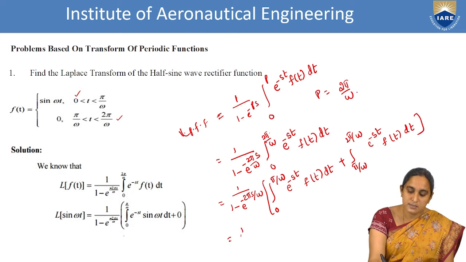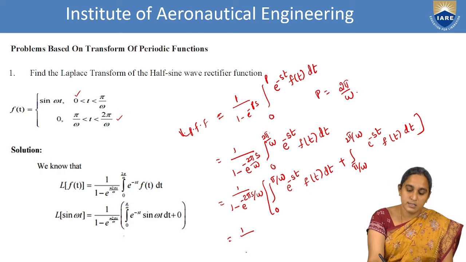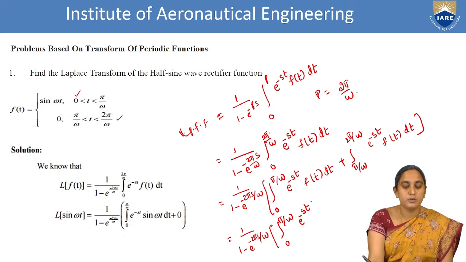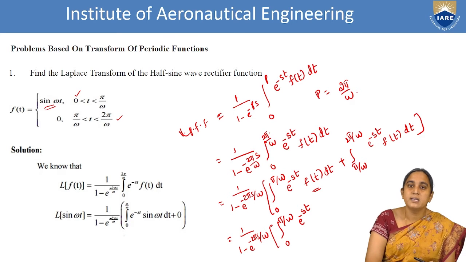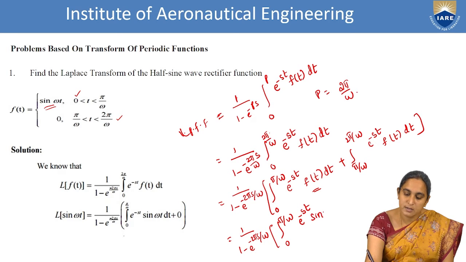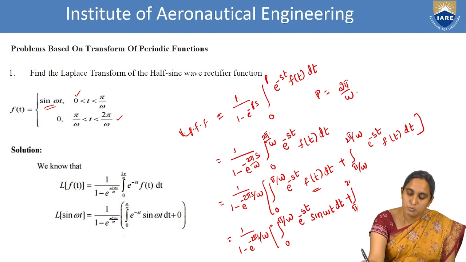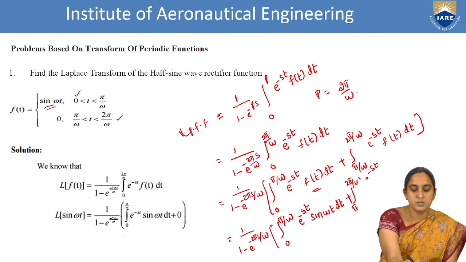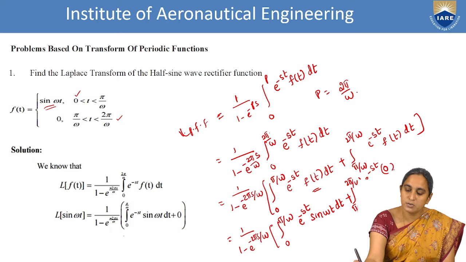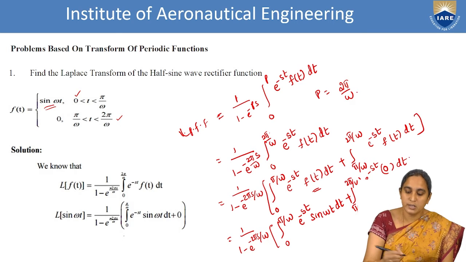Then I'll substitute the corresponding function: 1 by 1 minus e^(−2πs/ω) times the integral from 0 to π/ω of e^(−st) sin ωt dt plus the integral from π/ω to 2π/ω of e^(−st) times f(t). What is f(t) here? From the given question, between π/ω and 2π/ω it is 0, so it is 0 into dt.